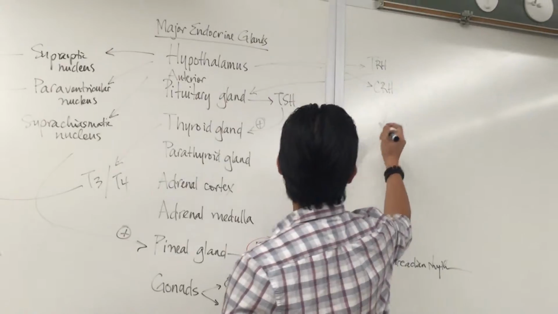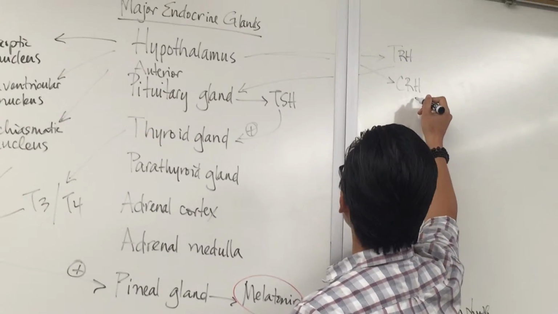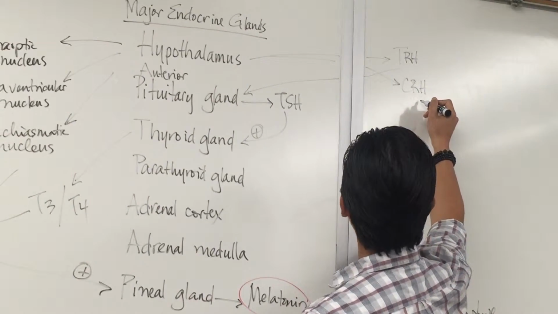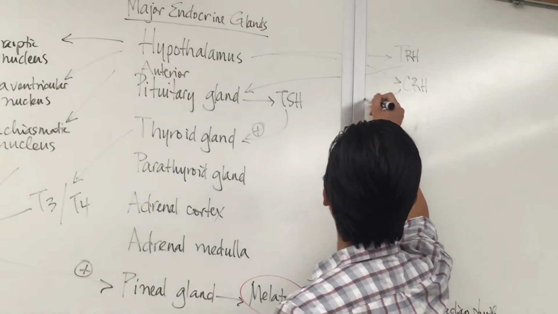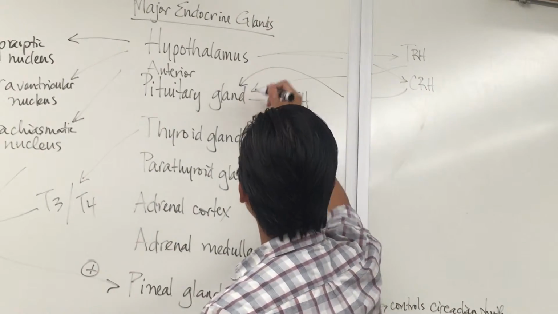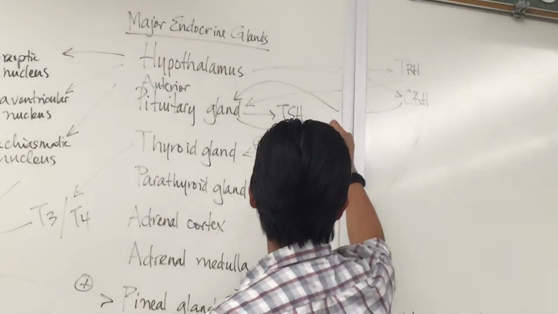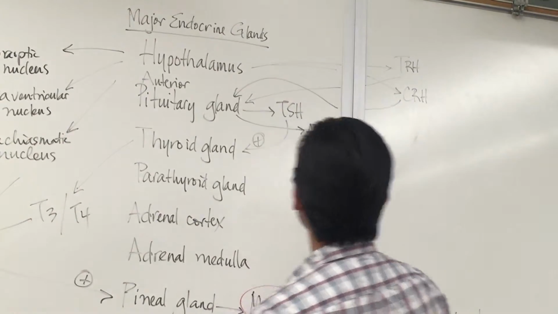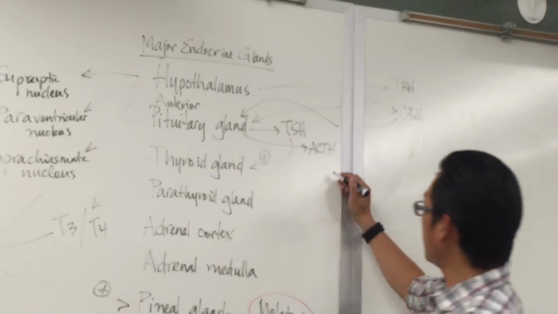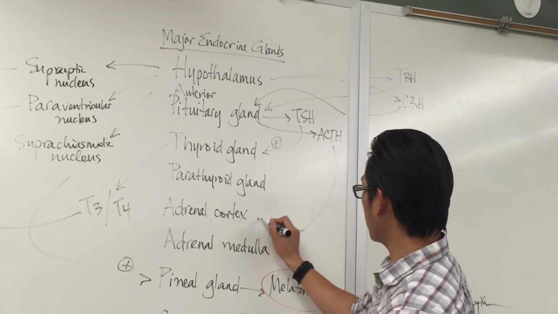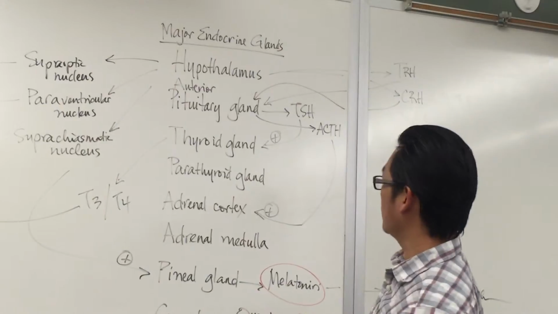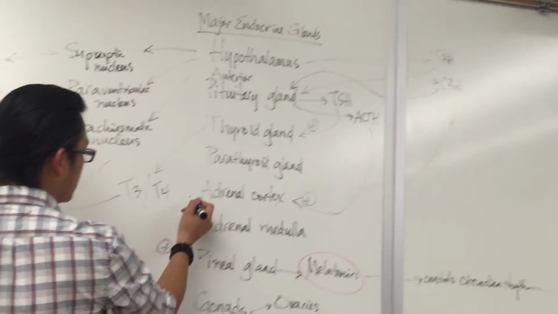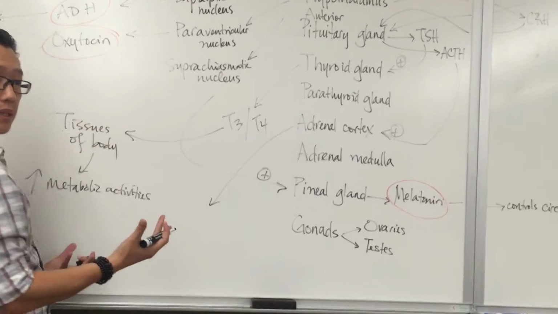Let's get back to it; these arrows are confusing, huh? ACTH then goes to the adrenal cortex, and the adrenal cortex will release 3 different hormones.